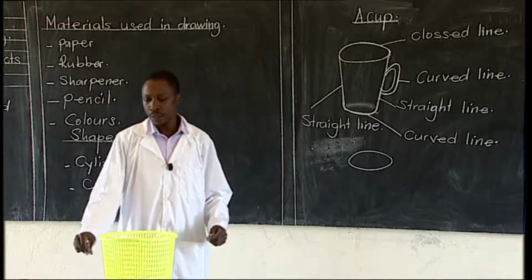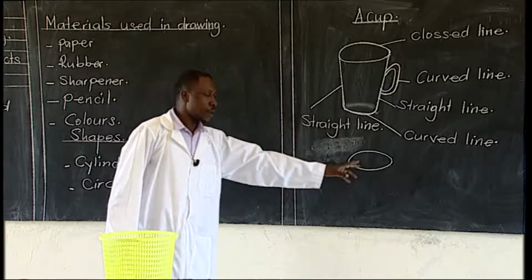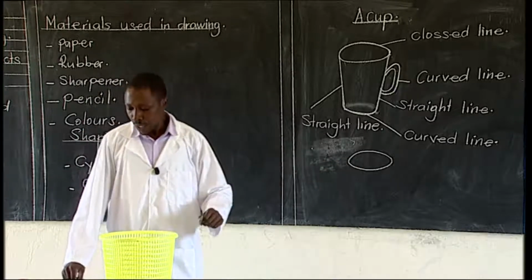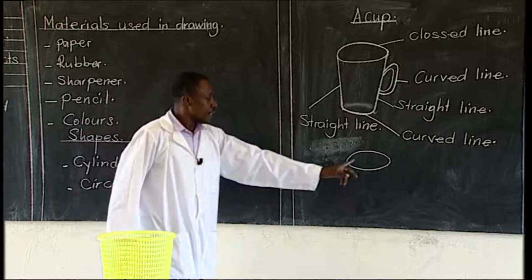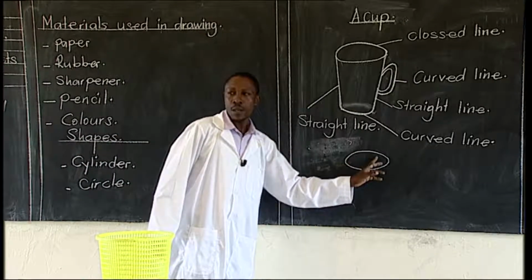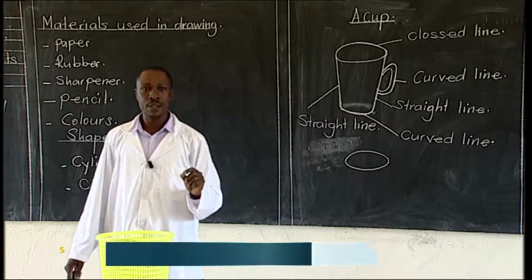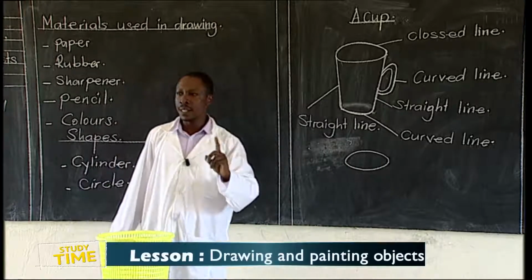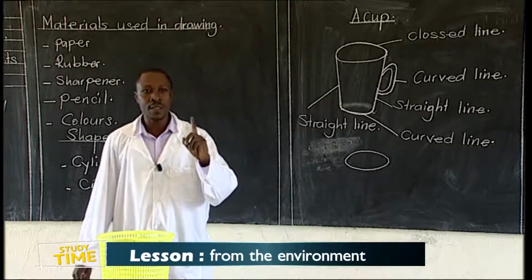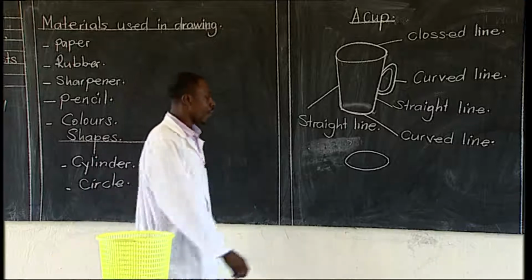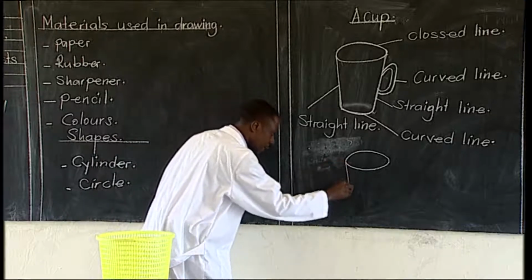One desk, one shape, okay? Good. After drawing this circular surface, we are going to draw what we call straight lines. 2 straight lines, which will act as our cylinder. First draw this one.